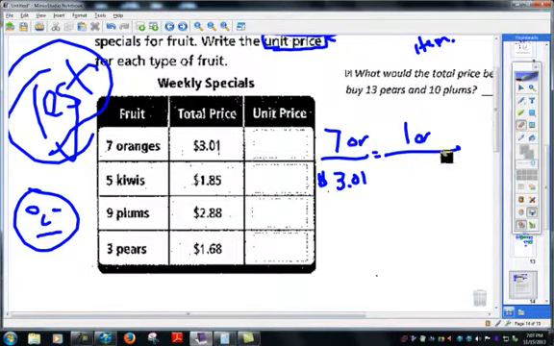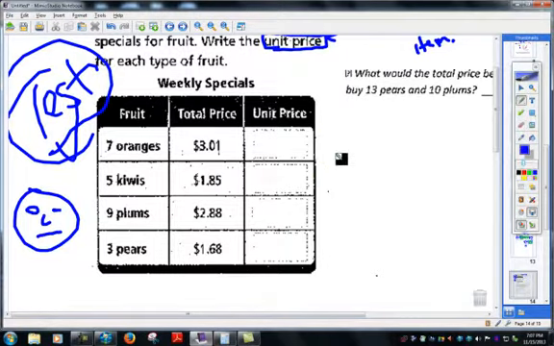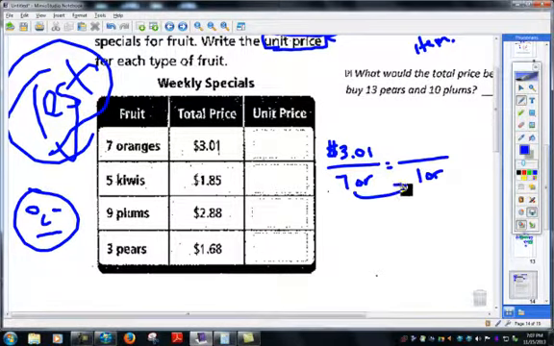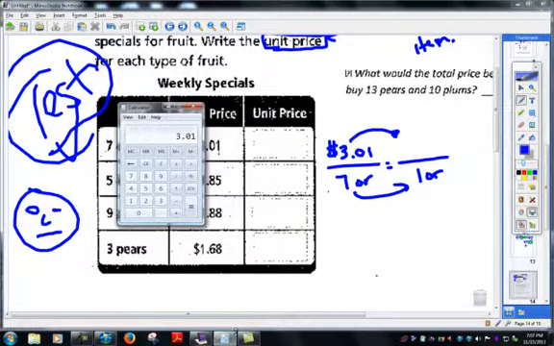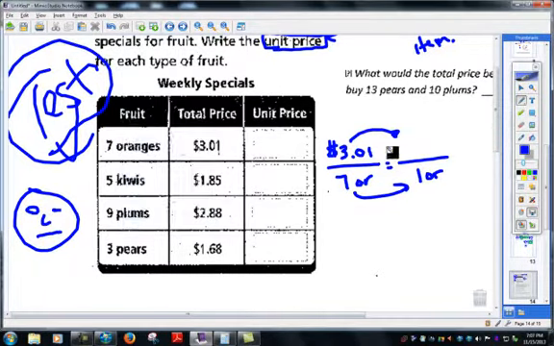You have to flip this over, so it's got to be $3.01 over 7 oranges. I divide by 7, divide by 7. 3.01 divided by 7 is going to give me 43 cents. A dollar sign on there, so that means this is going to be $0.43.